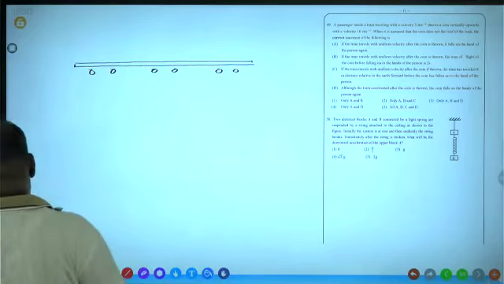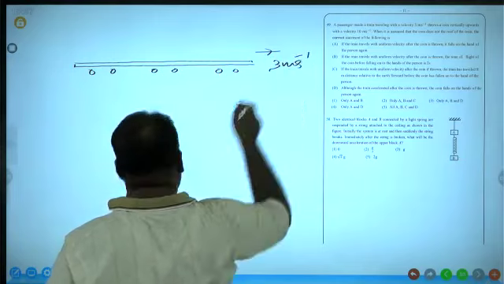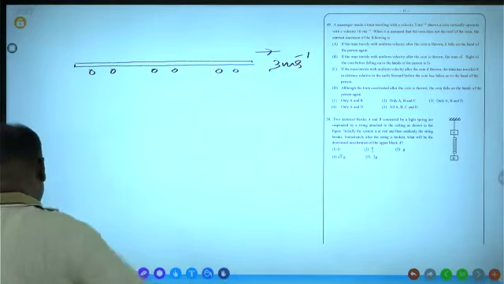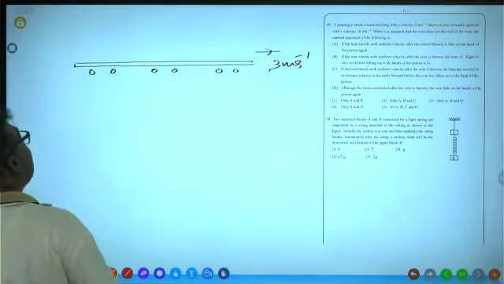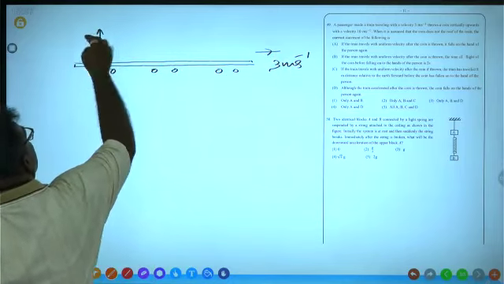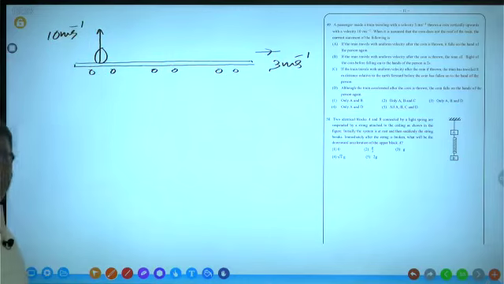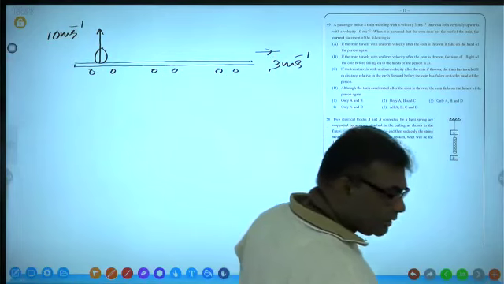With a velocity of 3 m s^-1, he throws a coin vertically upward by 10 m s^-1, right?